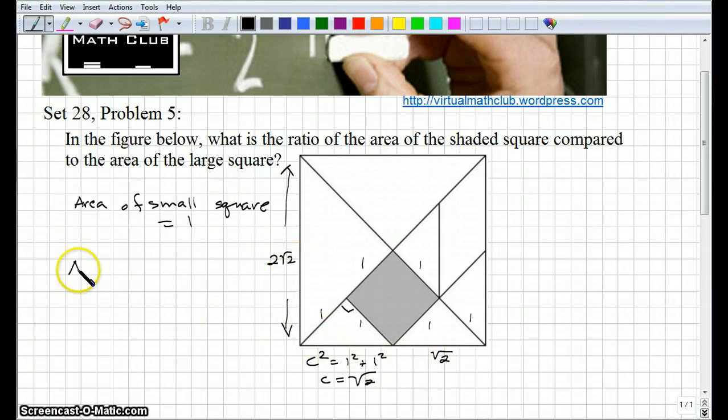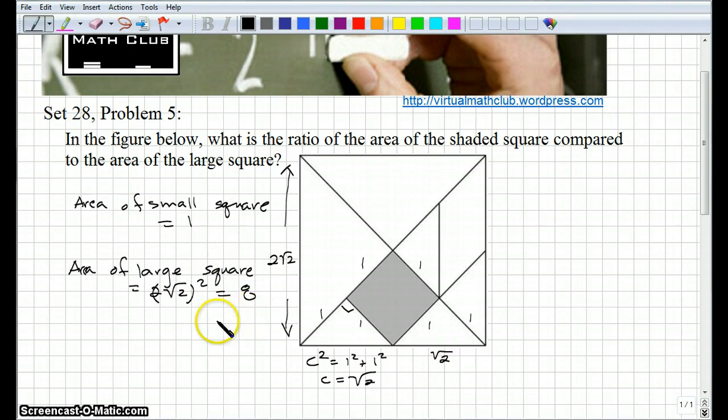So the area of the large square is just the dimension squared. So it's equal to 2 times the square root of 2 squared, which is equal to 8.